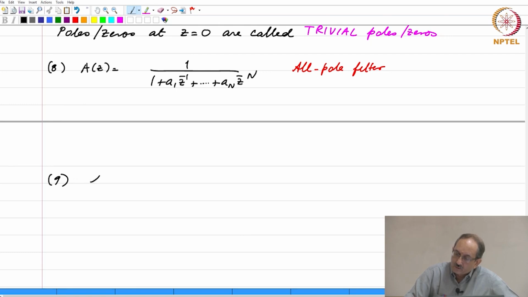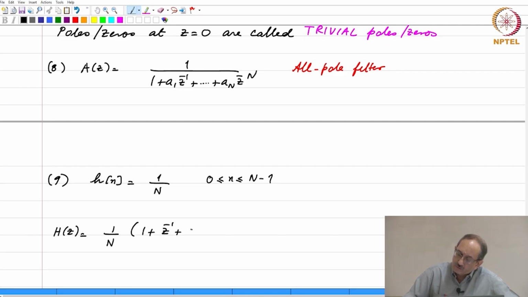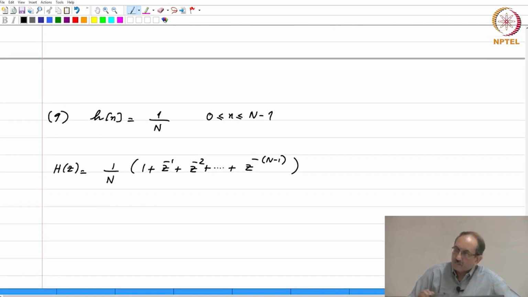Let us look at this particular example. So, this is h of n is 1 over n. Therefore, h of z is 1 over n times 1 plus z inverse plus z to the minus 2 up to z to the minus n minus 1.